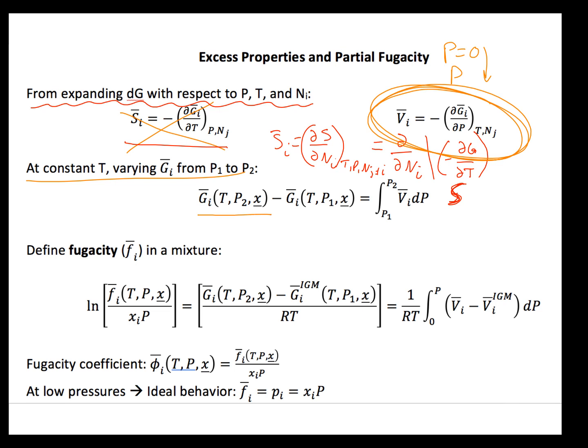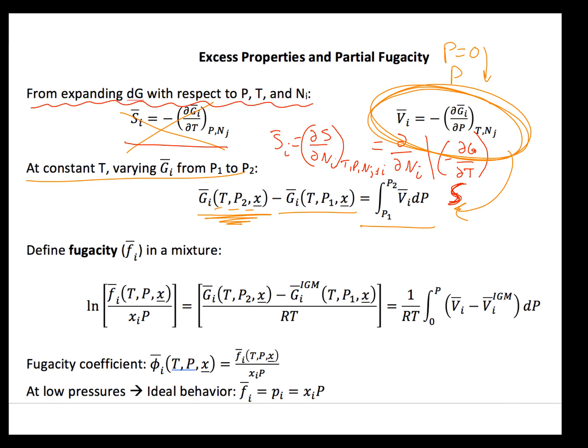So we're going to Gibbs of the mixture at some constant temperature to P2 all the way from P1, same temperature, same composition. We're just integrating this partial derivative down there.